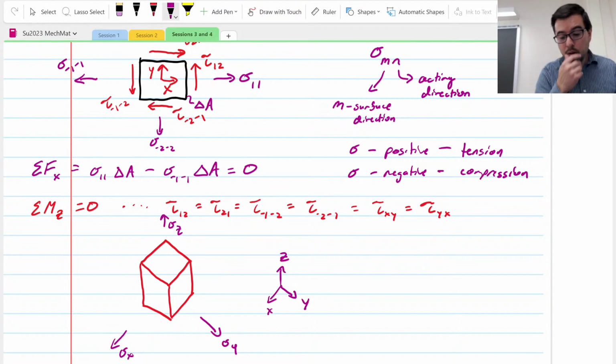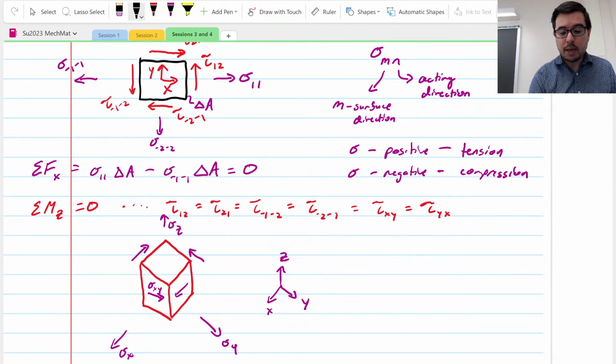Okay. So here, what you could see is that I have my shear stresses potentially acting like this on these surfaces. And yes, if this is an x face, and this is a y direction, so this is sigma xy, all those shear stresses are going to be the same.